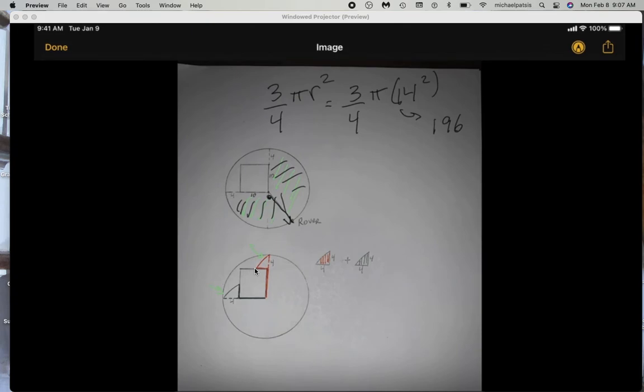The reason is that I've encouraged my SAT students to memorize all the squares from 10 to 20 because you see these a lot on the SAT. So 11 squared is 121, 12 squared is 144, 13 squared is 169, 14 squared is 196.